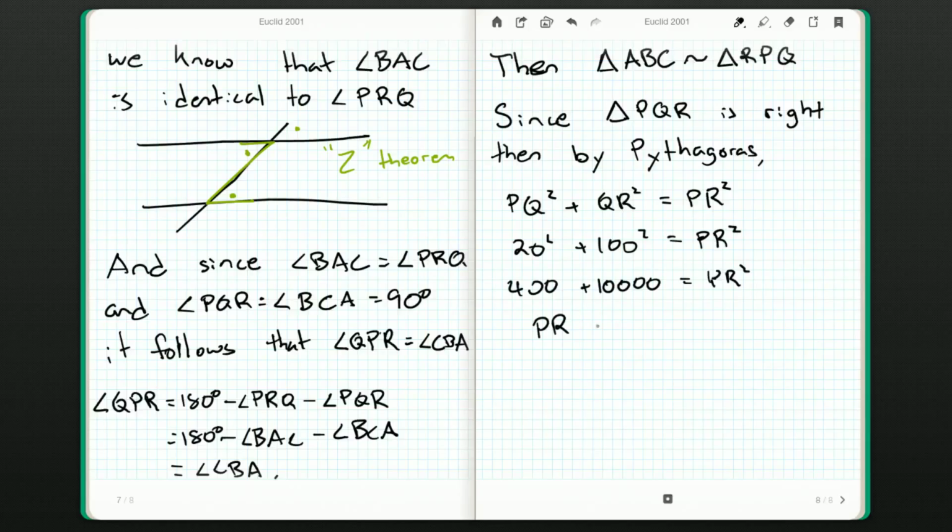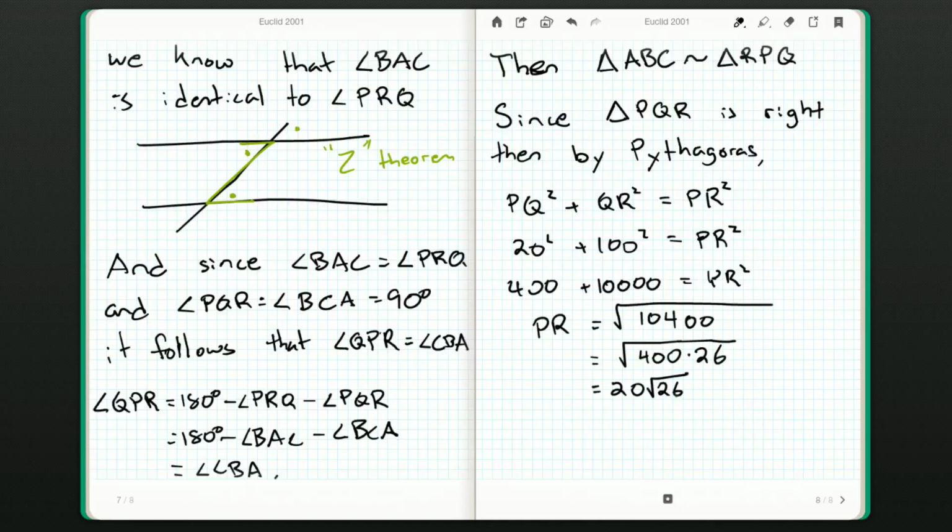So we can rearrange and say PR is the square root of 10,000 plus 400, so that's 10400. Now, actually, we have a factor of 400 we can take out of here. So we can write it as 400, and we'll be left with times 26.